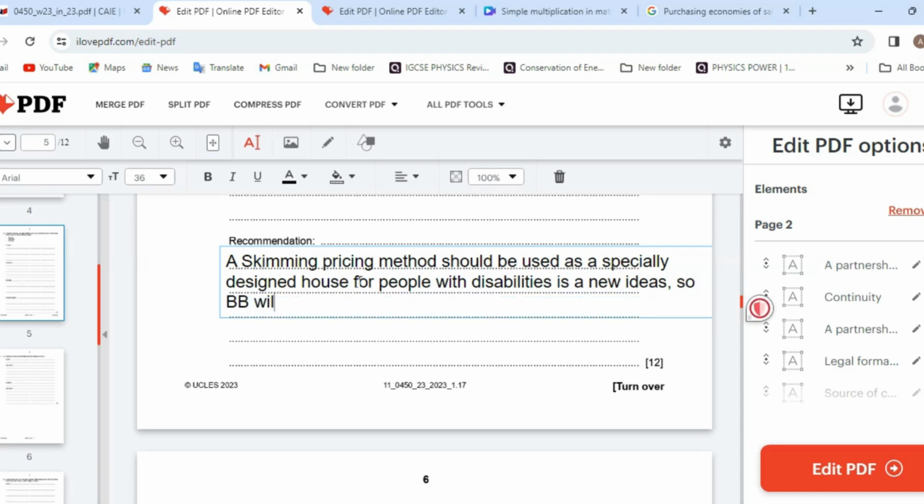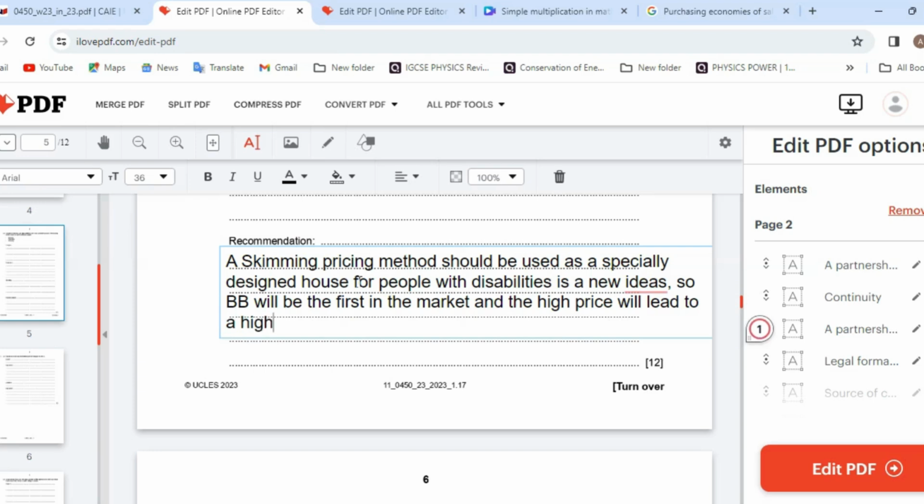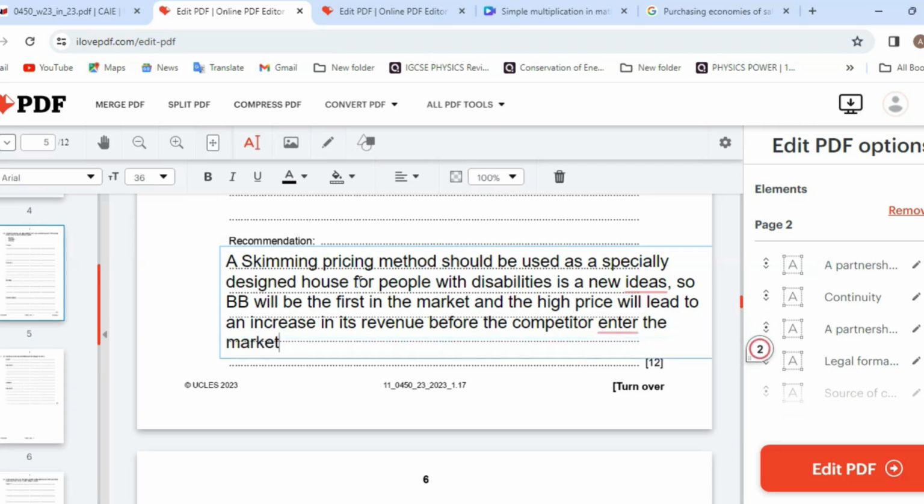So BB will be the first in the market, and the high price will lead to an increase in its revenue before competitors enter the market.